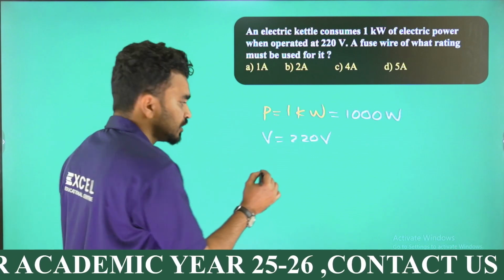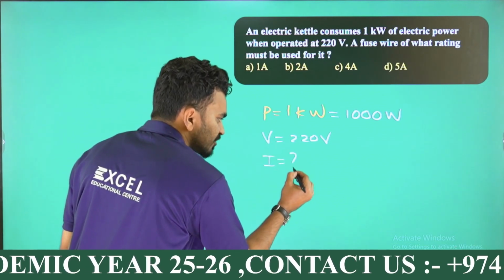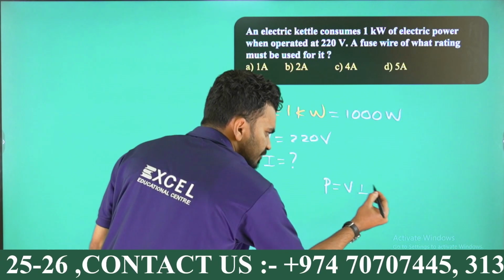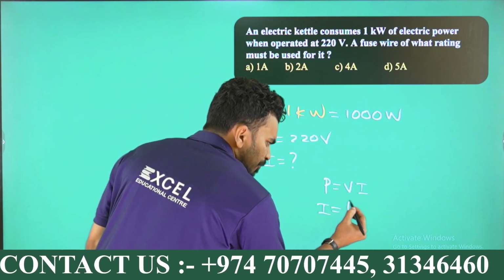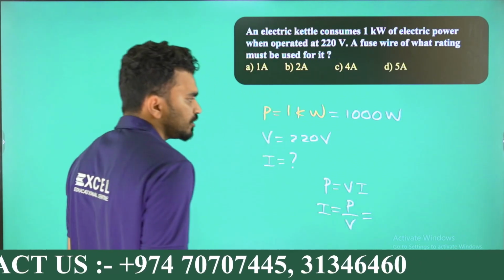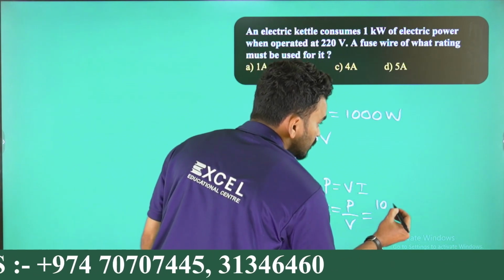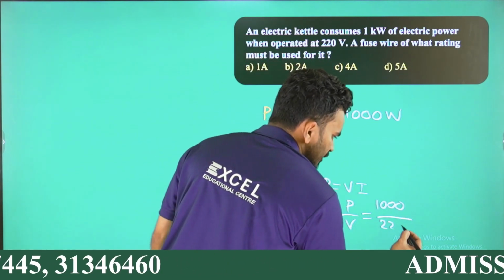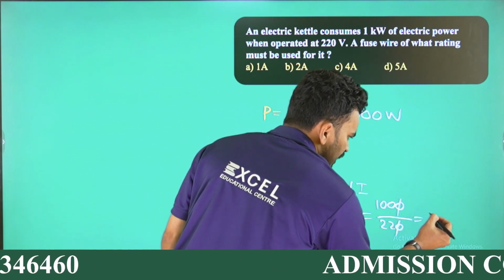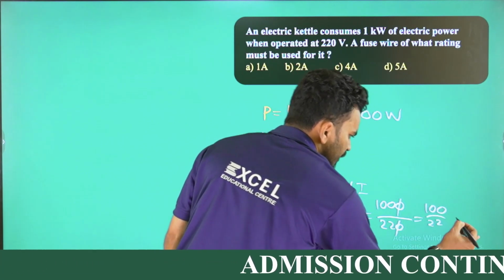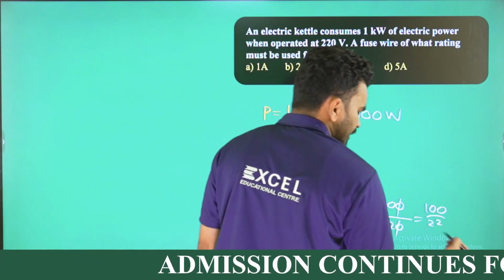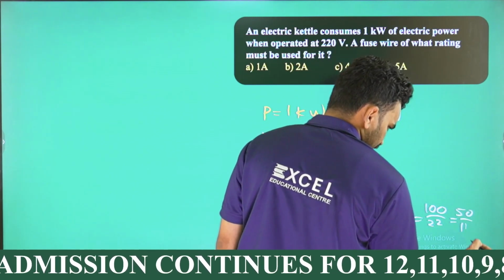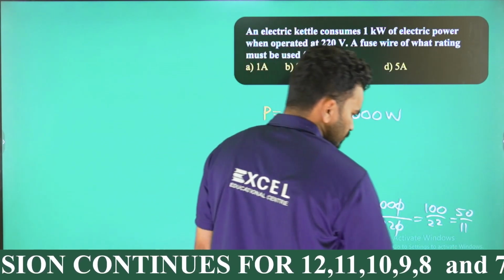How will you calculate current from power and voltage? You know P is equal to V into I. So I is equal to P by V. What's the P value here in watt? 1000 watt. And what is the voltage? 220. The 0 gets cancelled, 100 by 22 comes.